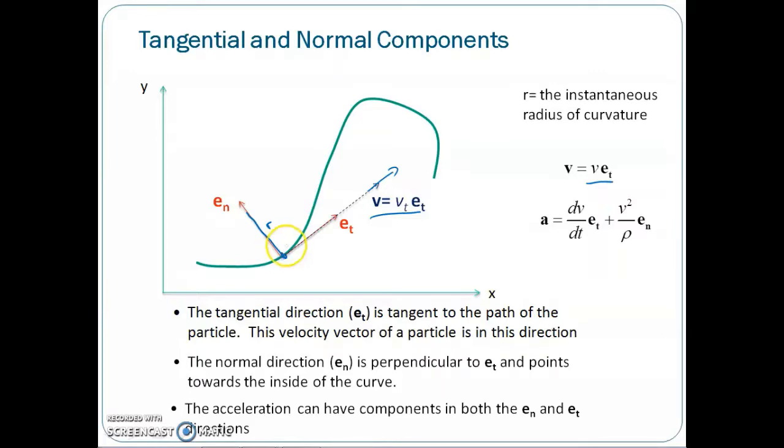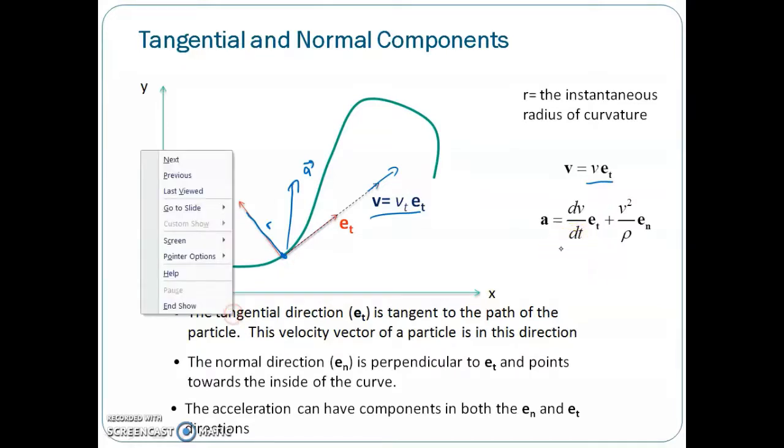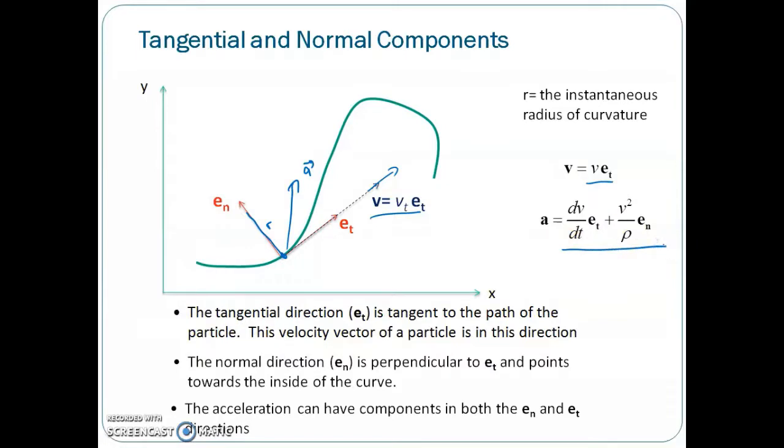Probably it will go in this direction, A. If we decompose this vector A in the directions of ET and EN, the tangential and normal directions, then it gives us two components of acceleration. A equals dv/dt in the direction of ET plus v squared over rho, or R, the radius, in the direction of EN.